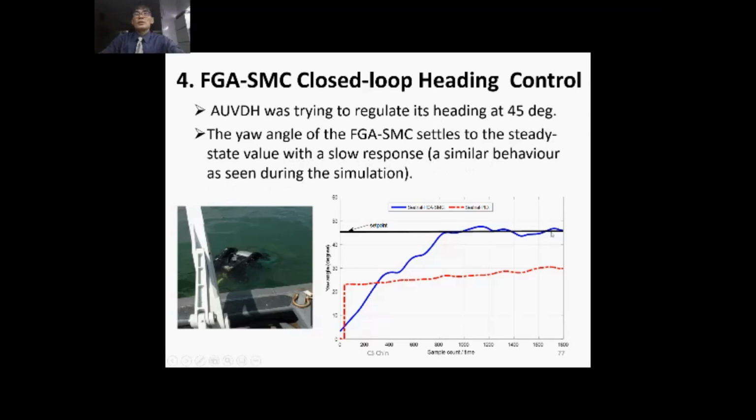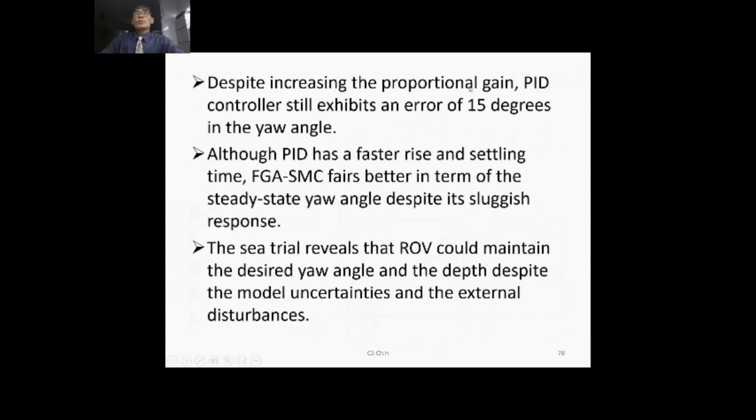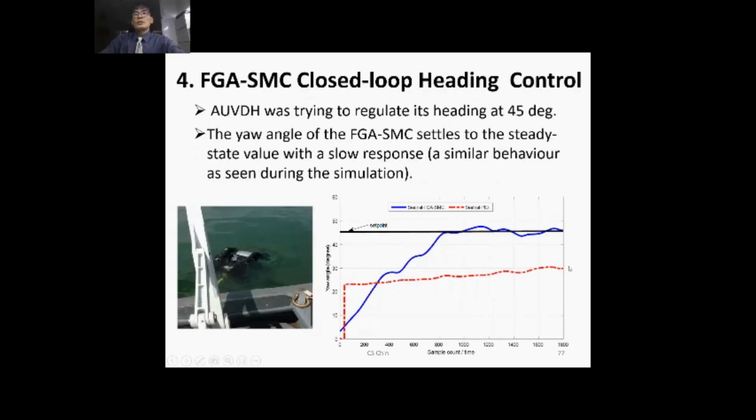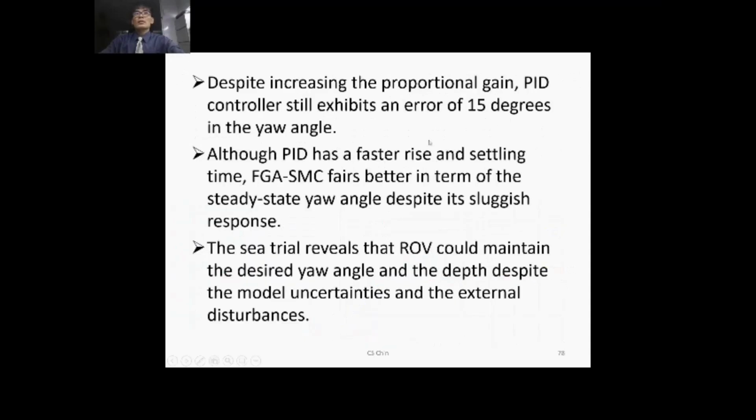And the blue color is the proposed controller, whereas for the PID, we are not able to achieve the steady state values. Despite the increasing proportional gains that we use, we still have about 15 degrees error in the yaw angle, because you can see that we can actually increase the gain to reach the 45 mark, but the PID could not do that.